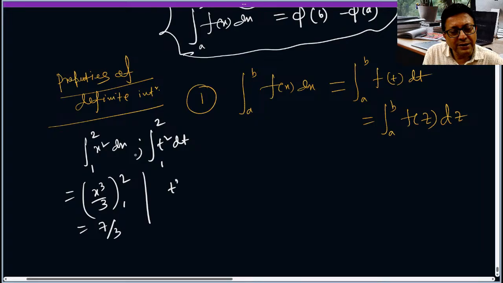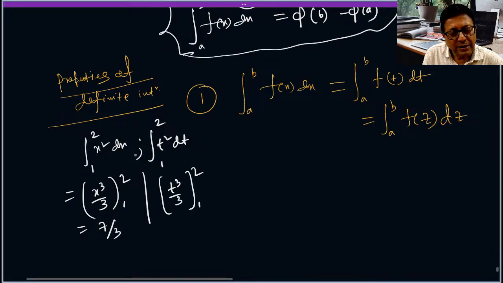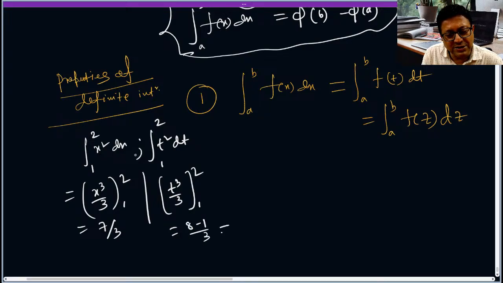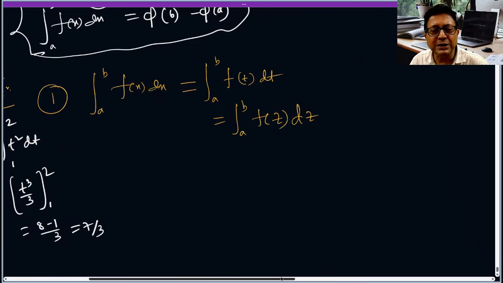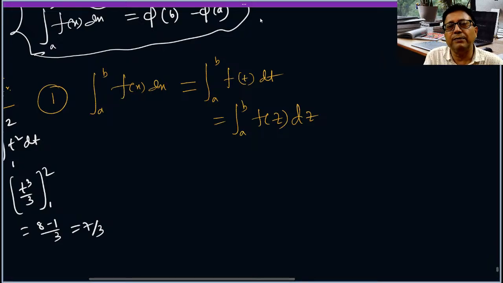And here this is also 8 minus 1 by 3, 7 by 3. Do you find any change in the answer? Whatever variable is there, the value of definite integration is not dependent on the variable chosen.